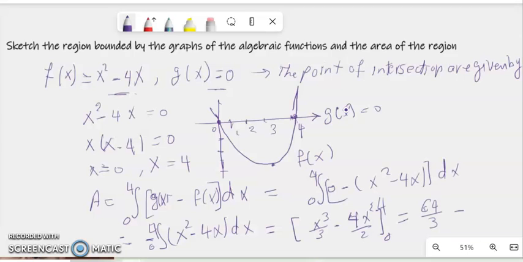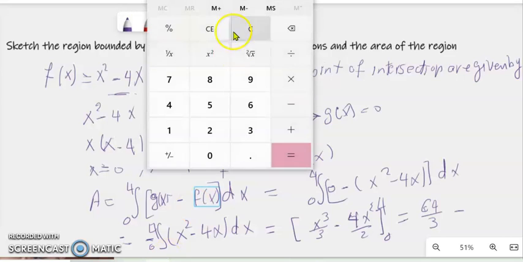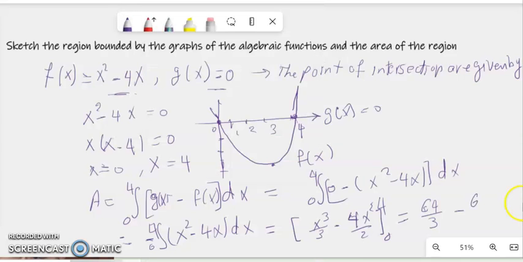Minus 4x squared, which is 4 times 16, equals 64 over 2. Minus 0, since the other expression at 0 is 0.